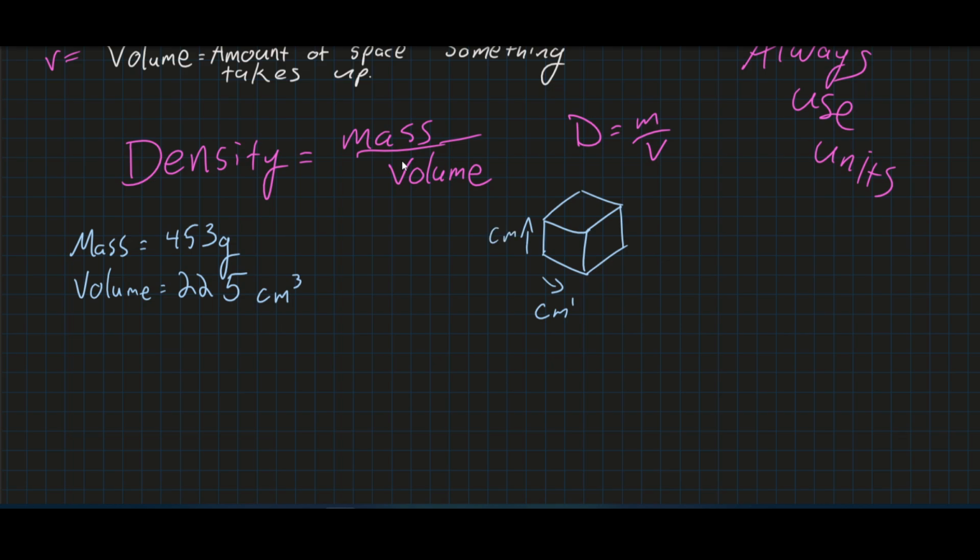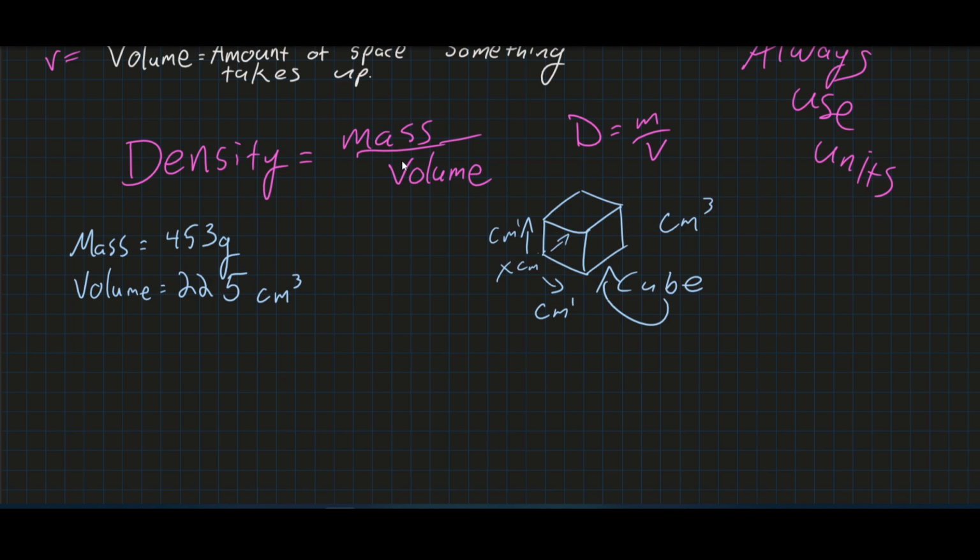And then for the third, you have to multiply those all together. When you do that, you get centimeters cubed. Makes sense because this is a cube. And it takes up space.